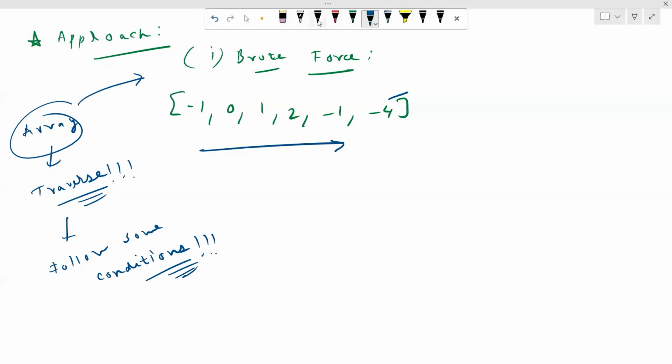So let's say initially we are at this element, which is -1. Let's say we fix this element, -1. Now we'll consider the first two elements, -1 plus 0.